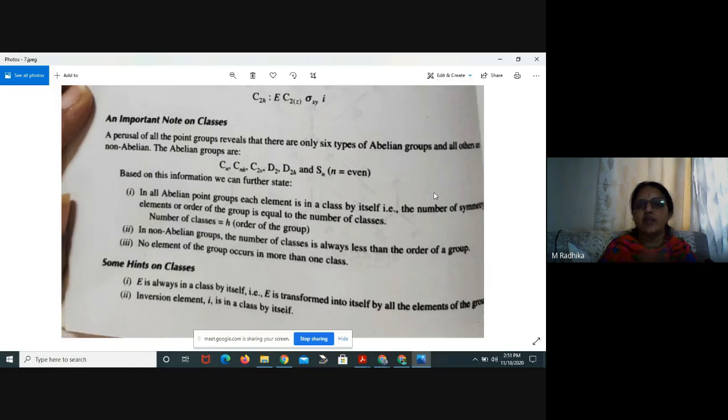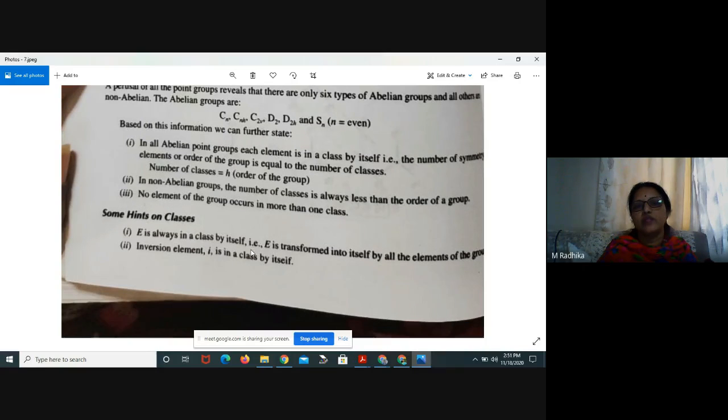So whenever I'm talking about abelian, if the order of the point group is 3, I will get 3 classes; if the order is 4, I will get 4 classes. Whenever you are talking about an abelian point group, the number of classes will be equal to the order of the group. Whereas if it is a non-abelian group, whenever it is not commutative, the number of classes will be less than the order of the group.